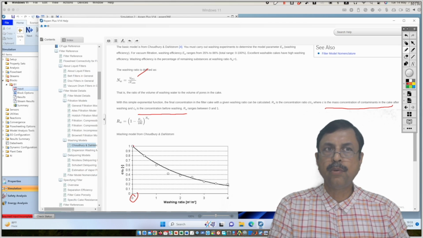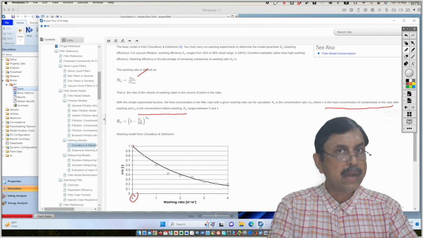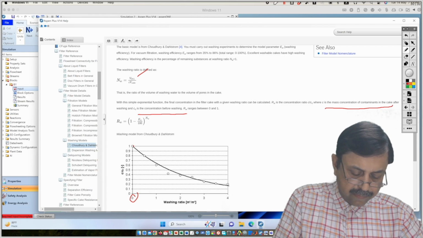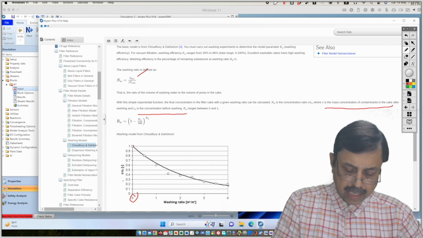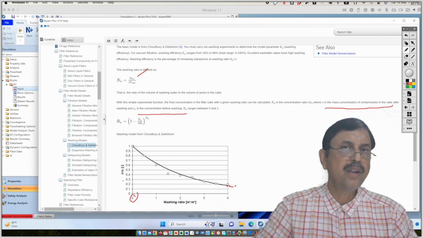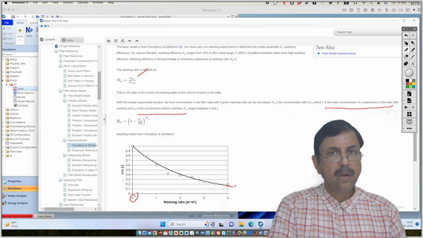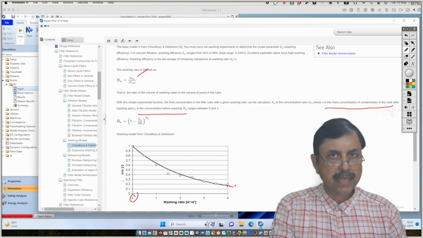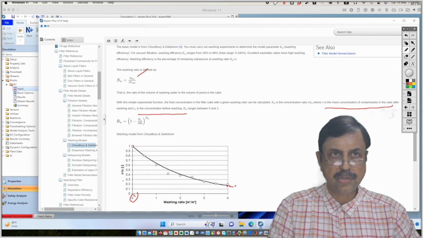That means more and more washing liquid will be given into the cake and the washing will happen. And after some time, you will find the C, that is the concentration after washing, becomes very, very less because you have provided a lot of water for washing and it has washed out all the contaminants from the cake. So that's exactly the principle of Choudhury and Dahlstrom.